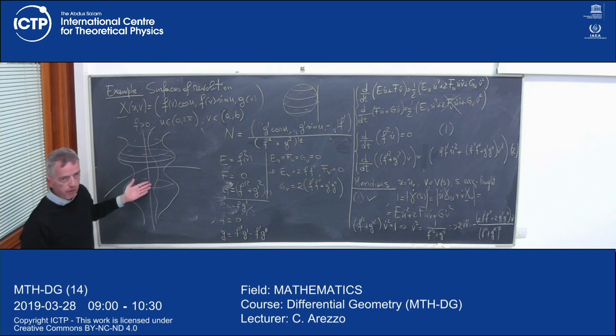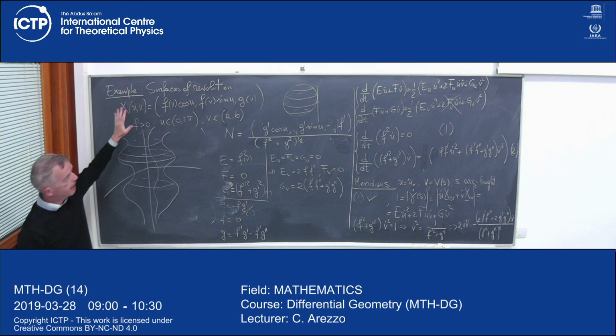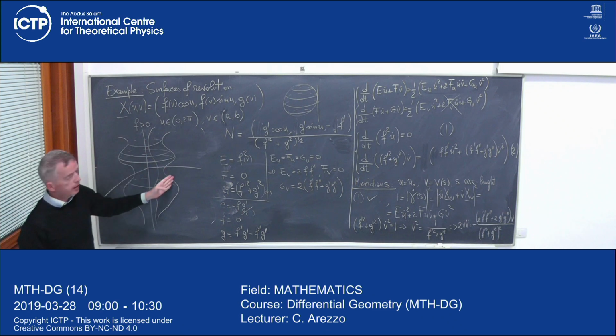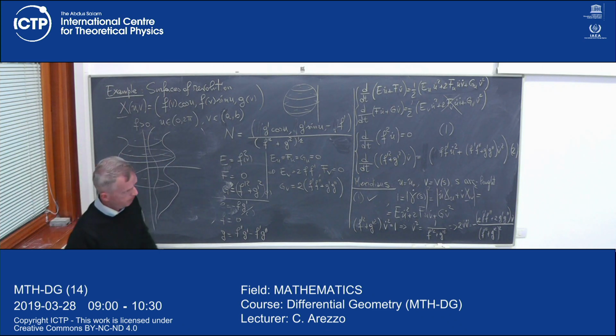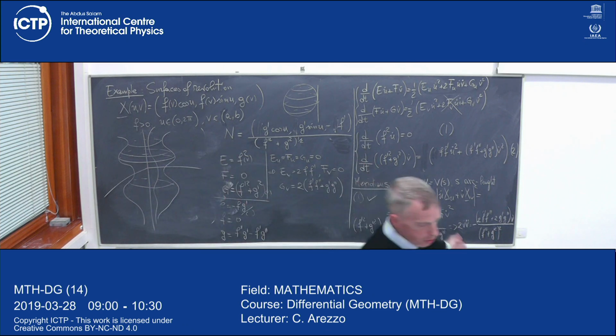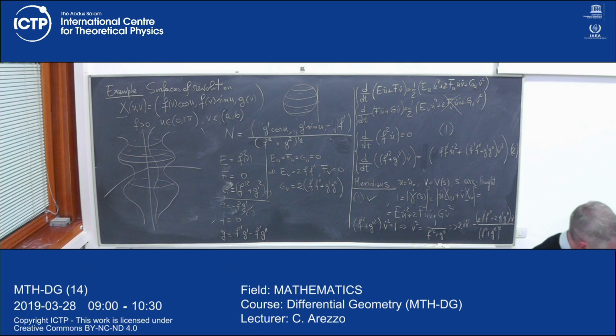So what you have to prove is that the parallel is a geodesic if and only if the tangent vector to the curve is vertical. It's a manipulation of the equation. So yes, I think we are really done with surfaces, and next week we will move to manifolds.